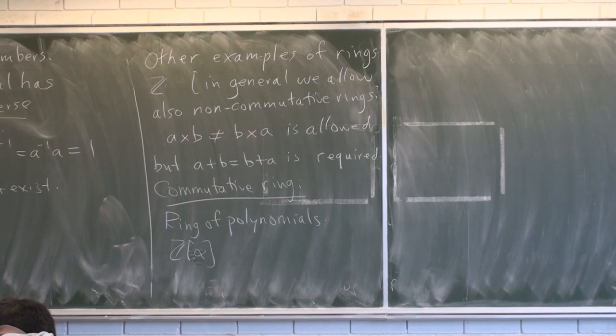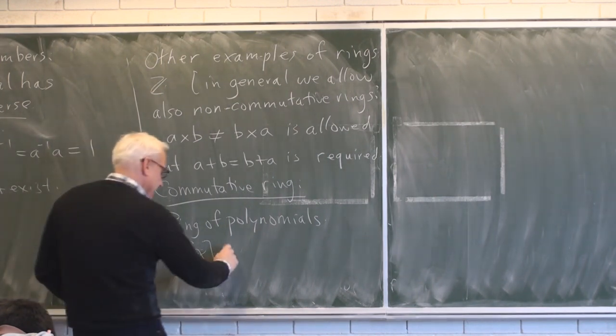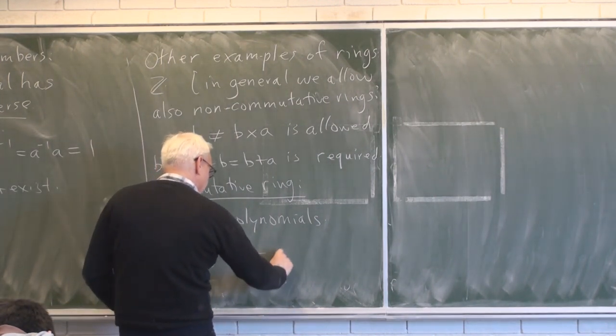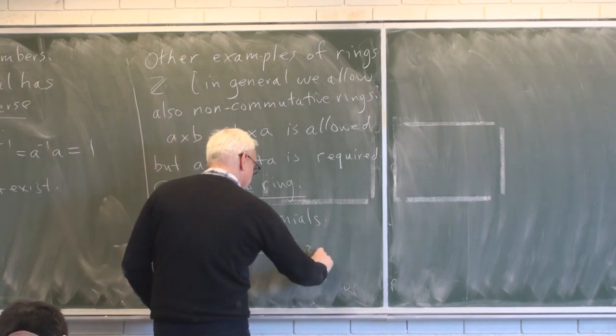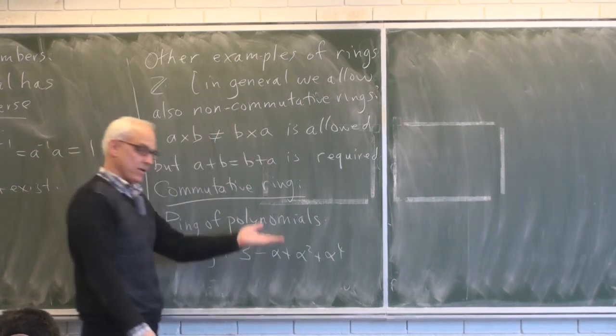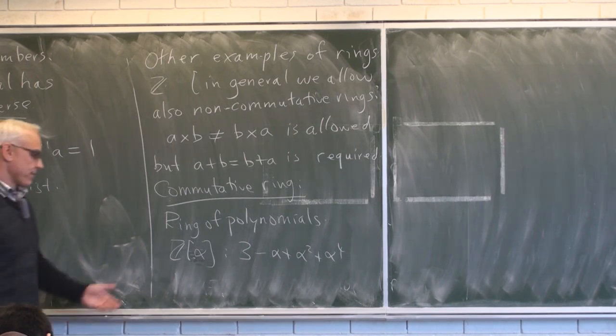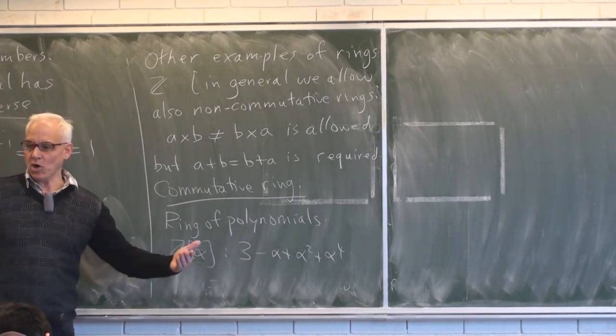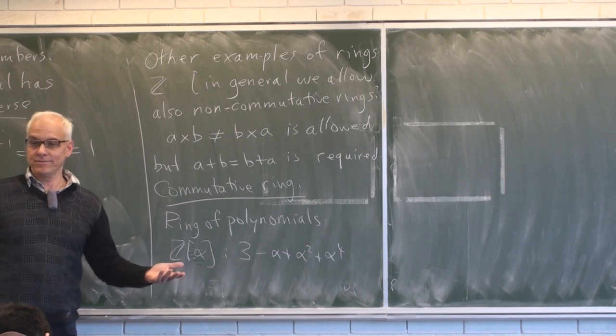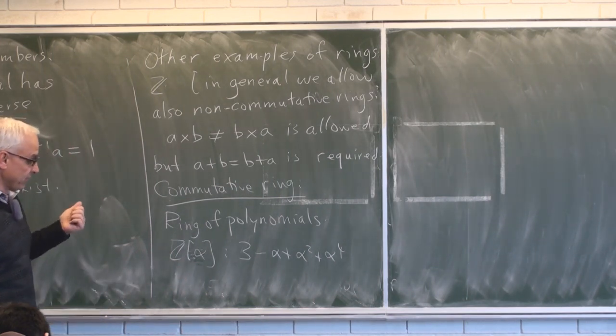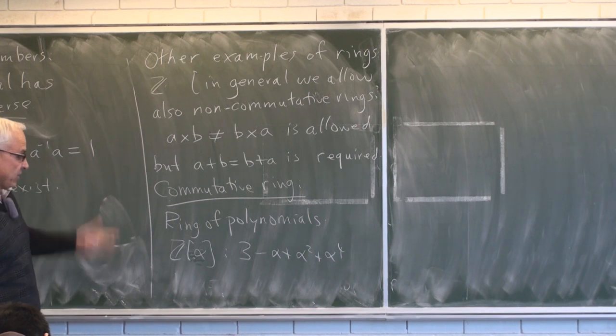We can think of a ring of polynomials Z alpha, which contains things like 3 minus alpha plus alpha squared plus alpha to the fourth, for example. There's a polynomial. And we can add and multiply polynomials in the usual way. And they satisfy the commutative, associative, and distributive laws.